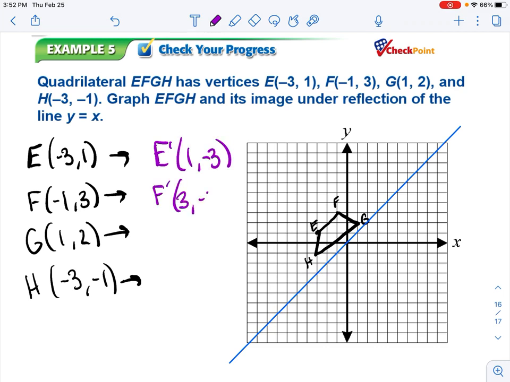F prime is 3, negative 1. G prime is 2, 1. H prime is negative 1, negative 3. Okay, and graph them. We're almost done here.